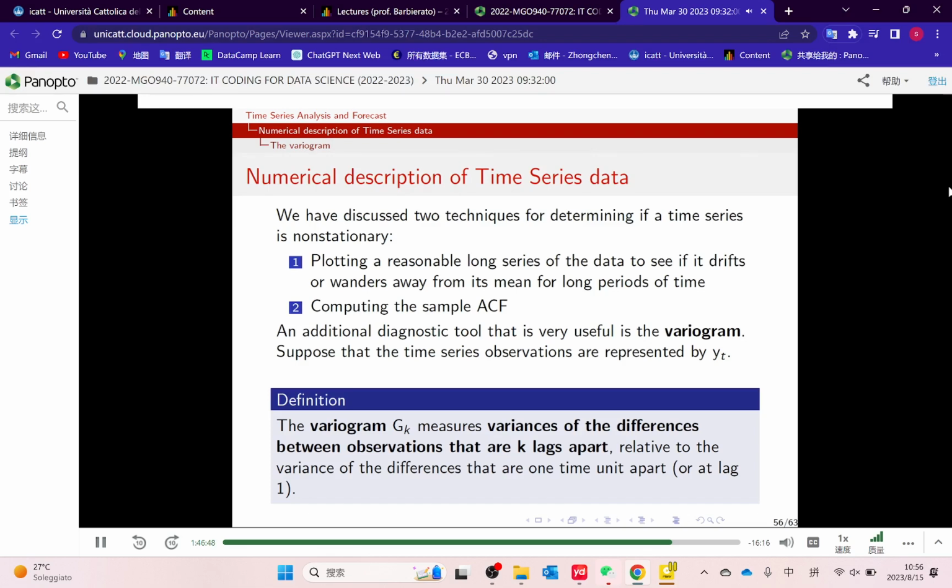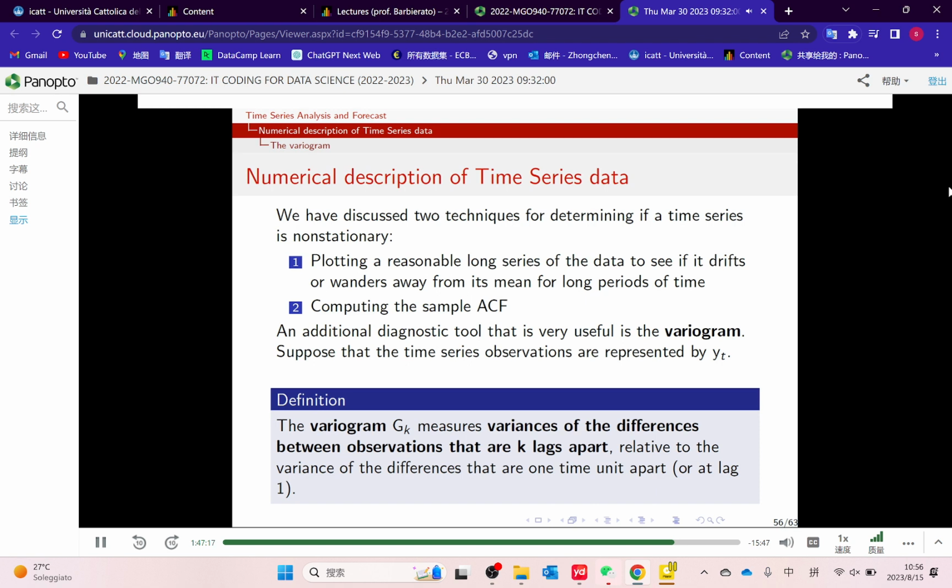We might just plot our time series. If we are so lucky that immediately we say, oh yes, this is stationary, it's evident. If it's not, we might plot the autocorrelation function. That might give us a more precise idea, because we should see this curve becoming smaller and smaller in time. But this is still a bit amateurish, maybe.